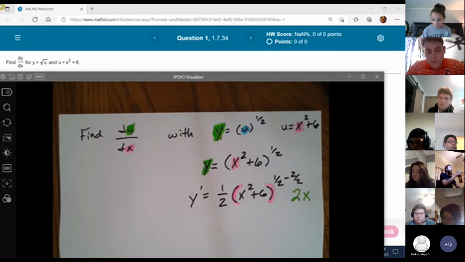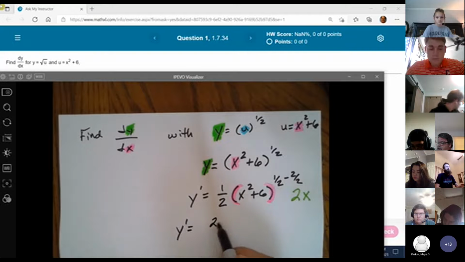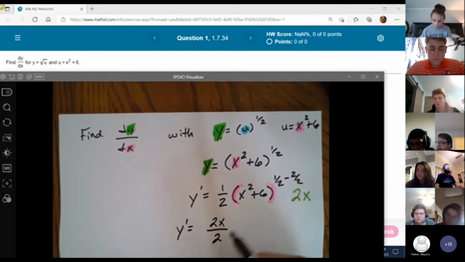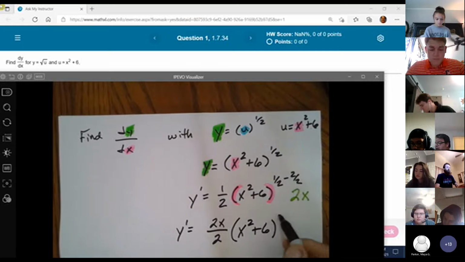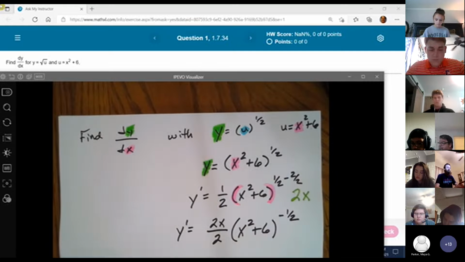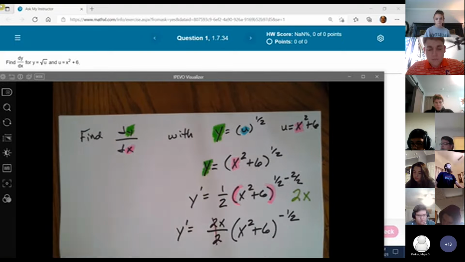And now I'm ready to put it all together and simplify. So I'm going to put a baby step in here for you. y prime is equal to 2x over 2 times x squared plus 6 to the negative 1/2. And the 2 and the 2 cancel. And you could bring this downstairs.